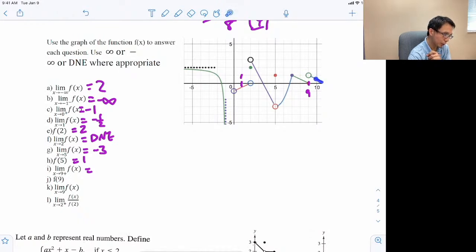They still go to a value. So what is the value? 1. Good. Now the limit as x approaches 9 does not exist because they reach different values from both ends. But from 9 plus, it does go to an open circle. That open circle can still define a limit if we just do one side. Okay. f of 9 is going to be what?